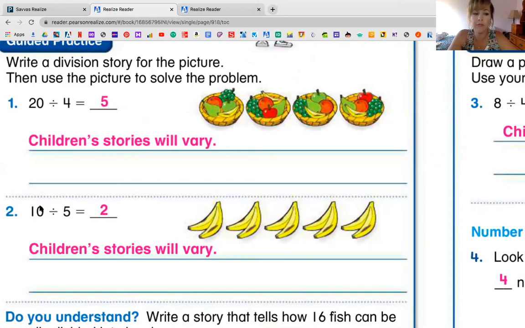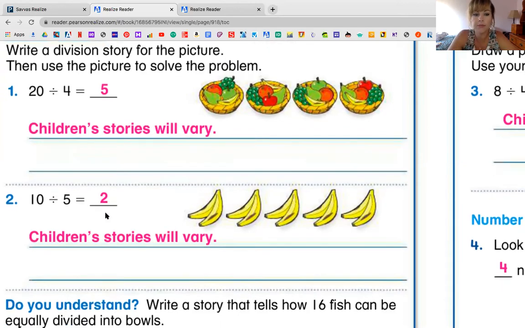I am going to give these bananas to 5 friends. How many bananas does each friend get? Each friend would get 2, and so on. As long as your story includes the number 10, includes the number 5, and when I solve it I get the answer 2, then your answer is correct.